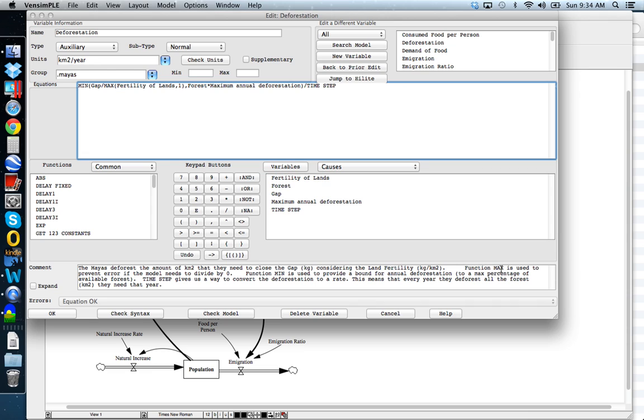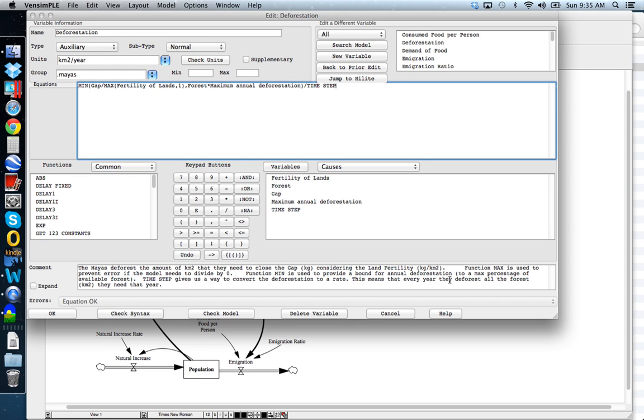The max function that appears in the equation is used to prevent error if the model needs to divide by 0, which is a common Vensim trick to avoid blow-ups. The min function is used to provide a bound for the annual deforestation, and I'll tell you about it in a second. The time step gives us a way to convert the deforestation to a rate.